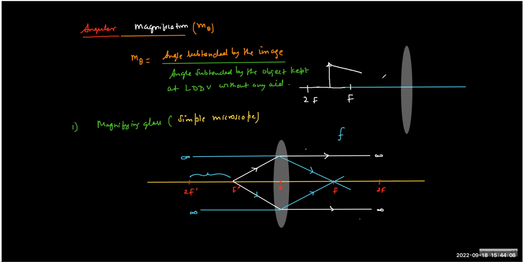You can see this angle is still very small. In fact, if the focal length turns out to be more than D, let's say the focal length itself is D, keeping something here is going to subtend less angle than the object.